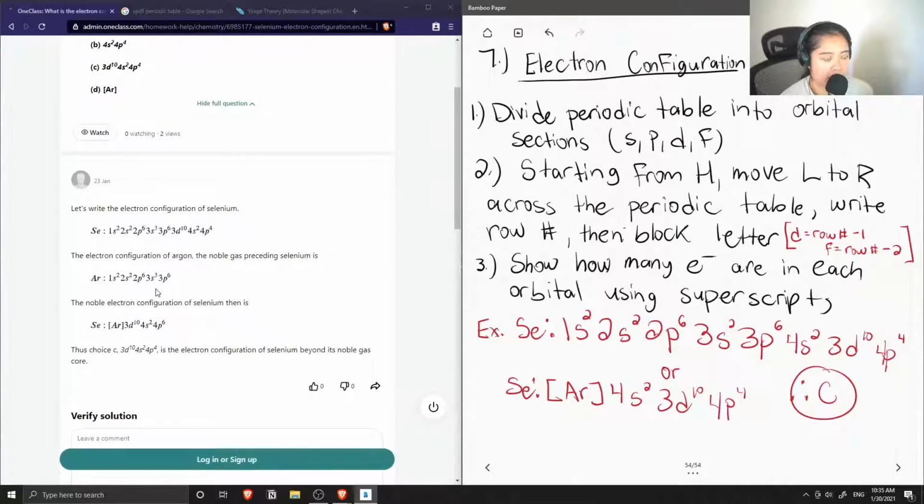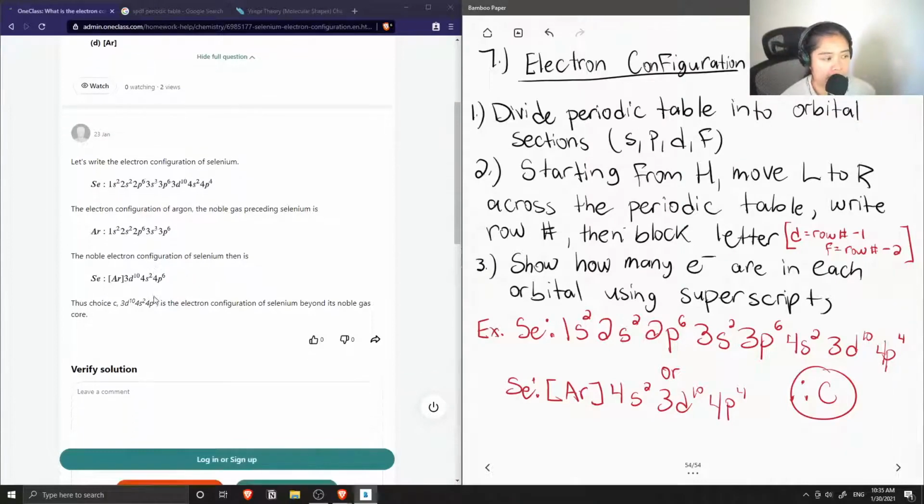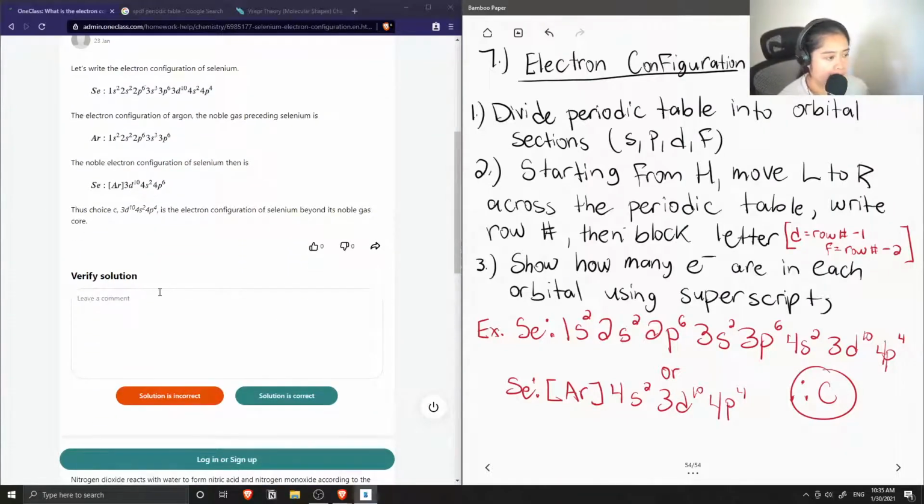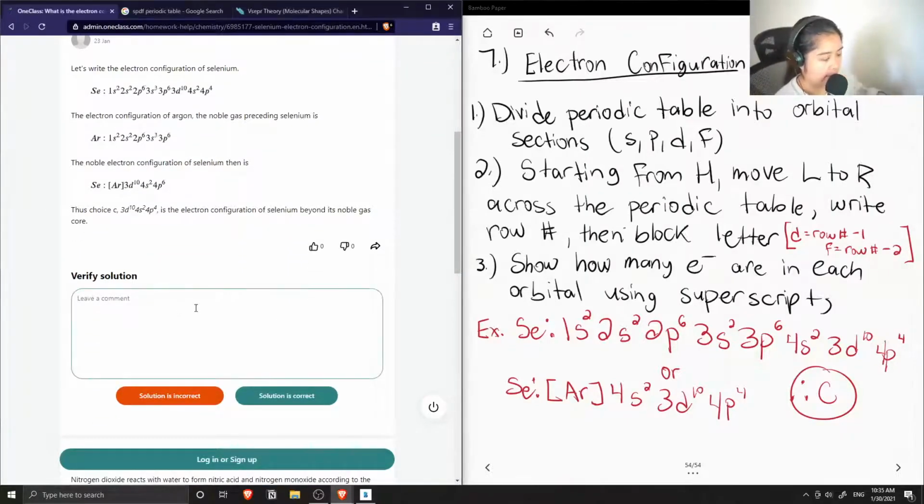They said the noble gas preceding selenium is argon, and they summed up the electron configuration of argon. Again, this should be 3s2. They wrote the shorthand configuration of selenium. Thus, choice C is the configuration. So this solution is correct.